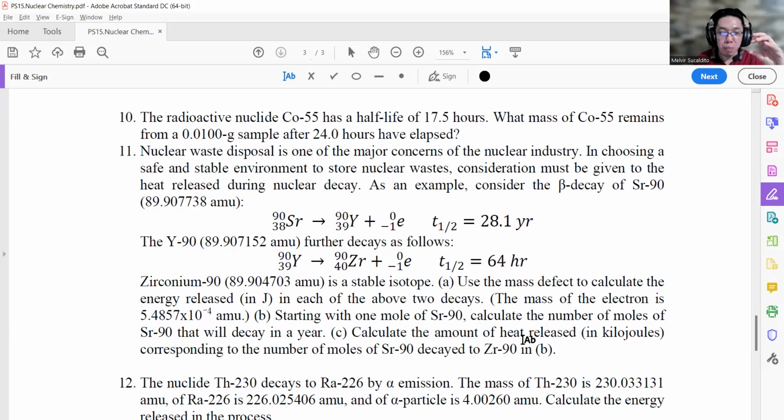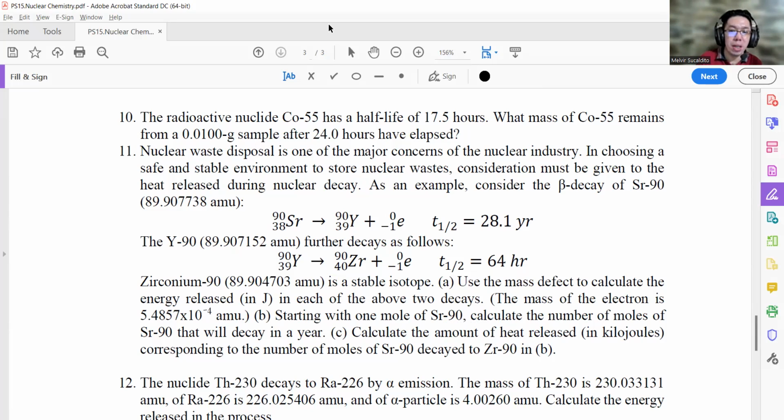And then for letter B, calculate the moles of strontium-90 remaining after 1 year. If you have 1 mole of strontium-90 after a year, then how much heat is released in kJ?